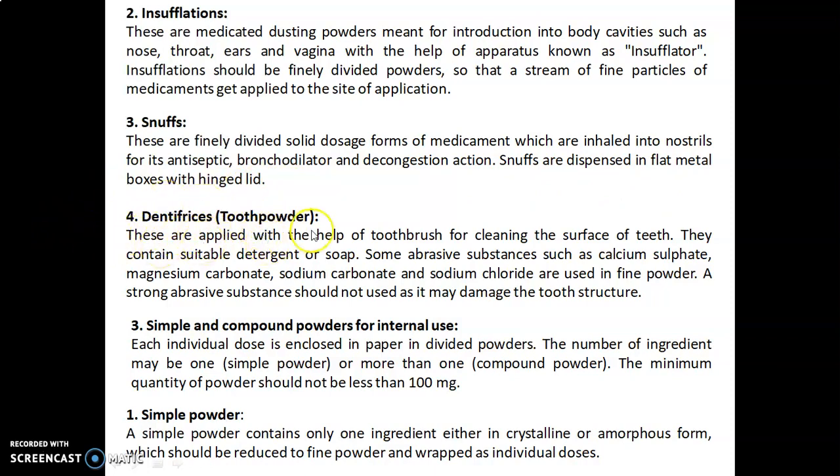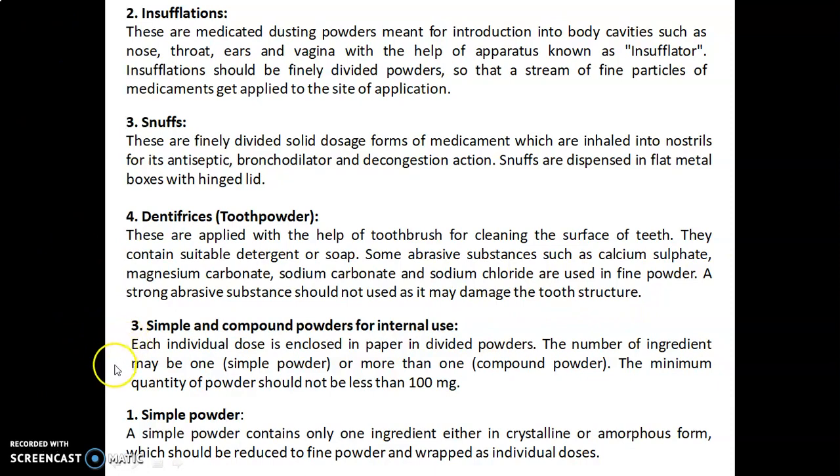These are applied with the help of a toothbrush for cleaning the surface of the teeth. They contain a suitable detergent or soap. Some abrasive substances such as calcium sulfate, magnesium carbonate, sodium chloride are used in fine powder. A strong abrasive substance should not be used as it may damage the tooth structure.